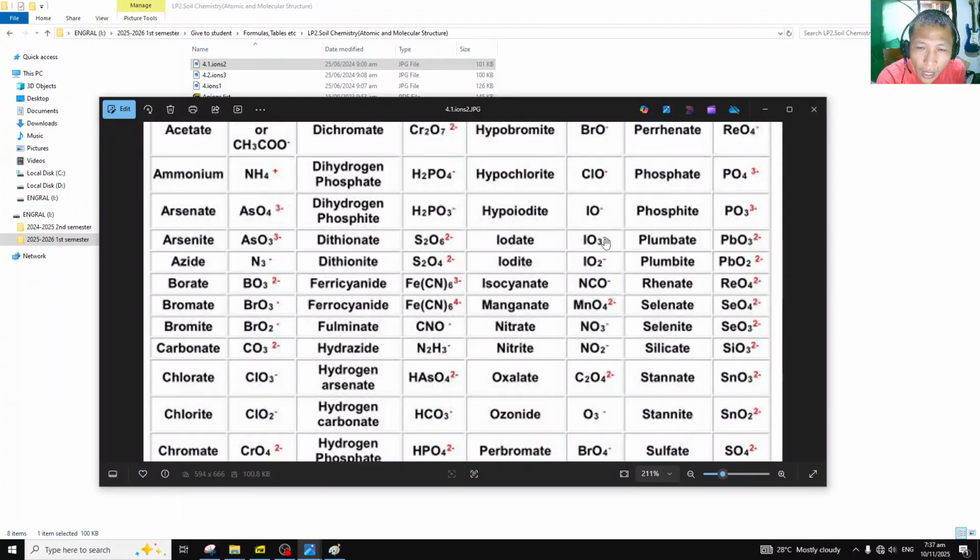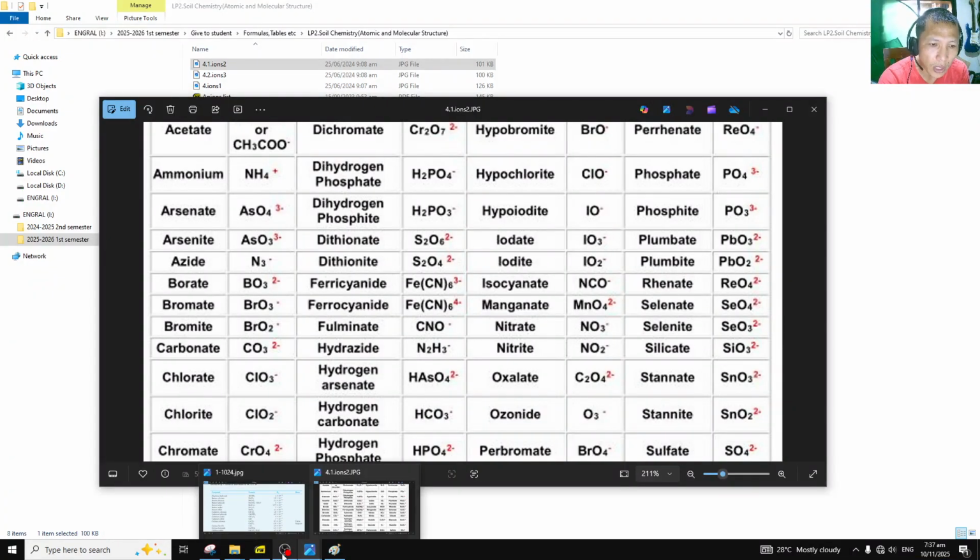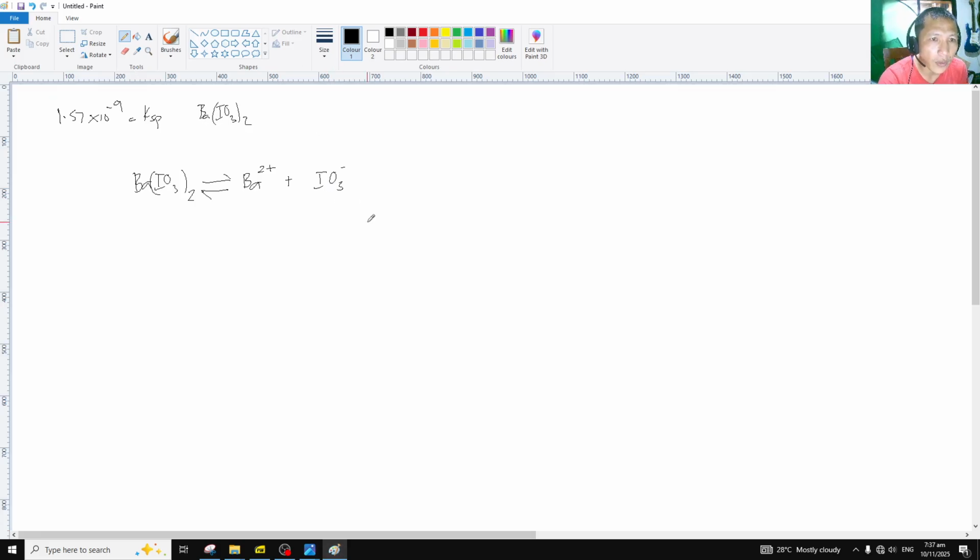So, iodate is IO3 negative. So, basically, since it is reversed, you can expect that iodate is negative 1. So, barium should be a positive 2. That is why it is multiplied by 2 here. So, you should know this because it is a previous topic. So, it should look like this. Okay? Meaning, you should be able to write this.